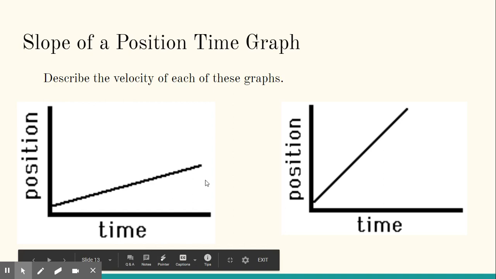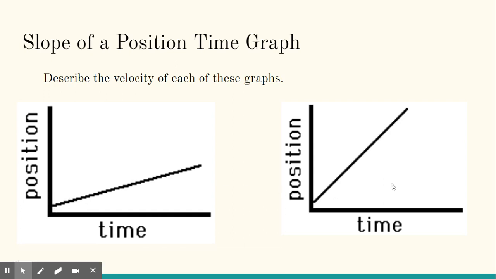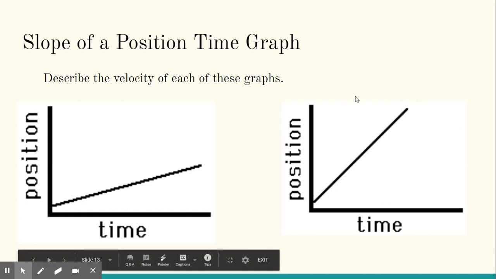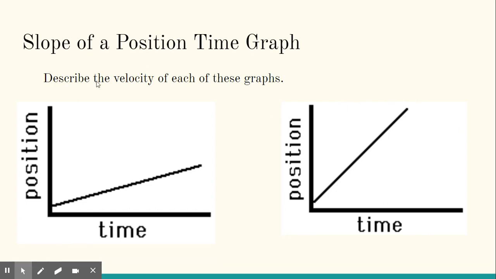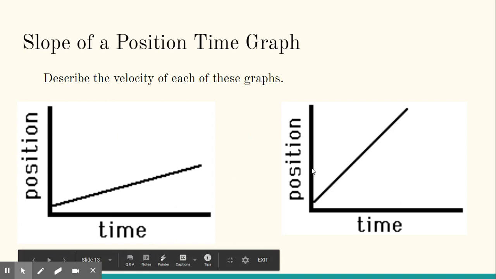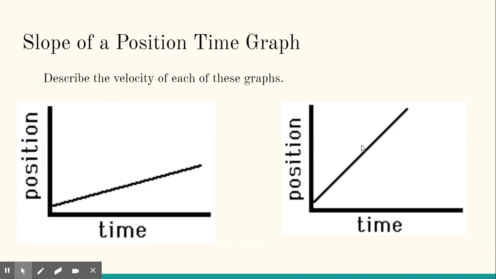In both scenarios here, we have a constant velocity because the slope is changing the same amount. However, we can see that this graph has a faster velocity than this graph because this graph is changing its position more in the same amount of time. It has a higher slope.